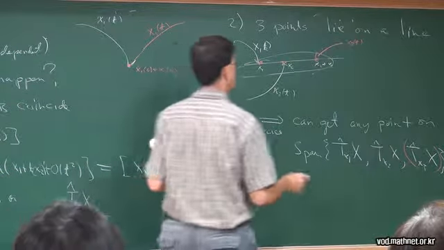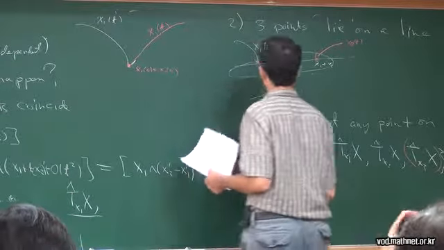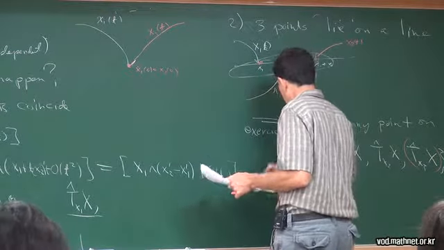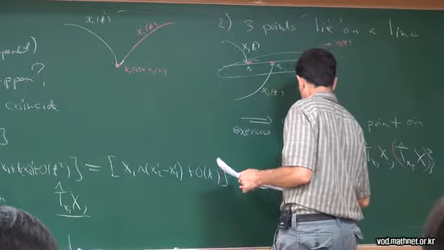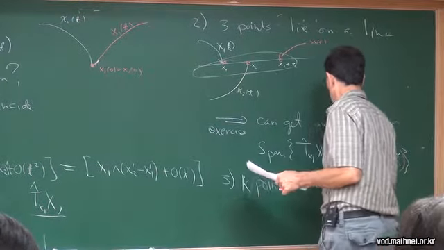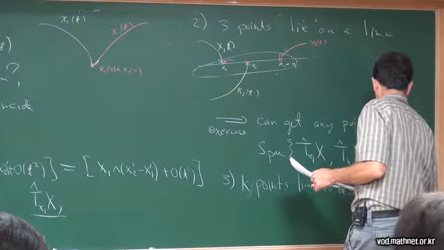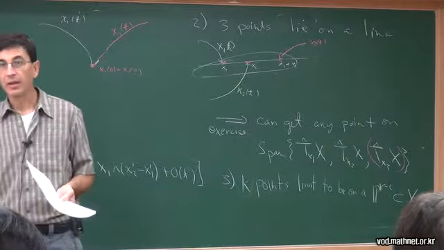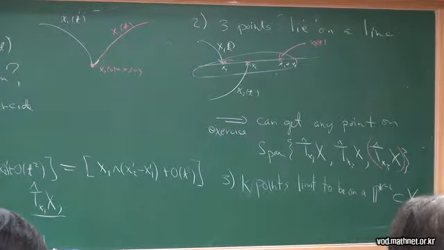And more generally, any k points limit to be on a P^(k-2) contained in X. Now, if X is an arbitrary variety, it may not contain large linear spaces, so that option may not occur.